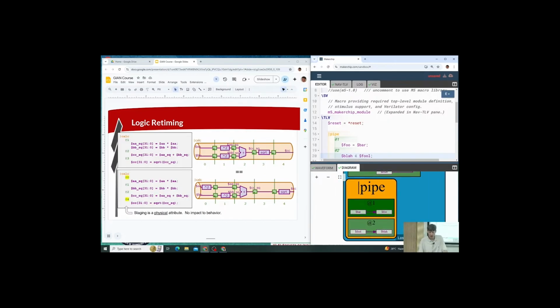Okay, so now I have, these stages are independent. There's no signal that carries from one to the other. Right. This is the second stage of the pipeline.